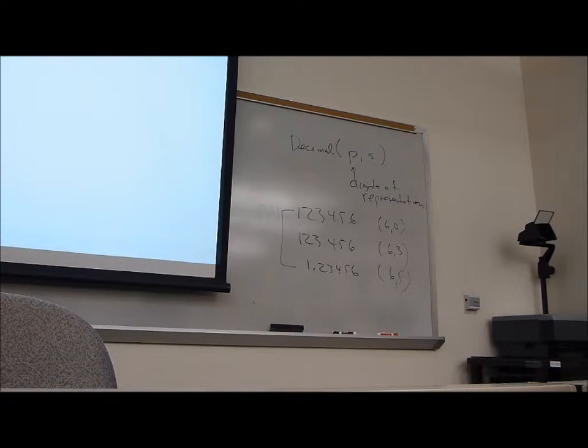So if it's 123.456, doesn't the decimal point hold a place for the number of digits? Doesn't it count as one place value? You mean in the digits of precision? No, I mean like 1, 2, 3, 4, 5, 6. Can we consider it as 7?